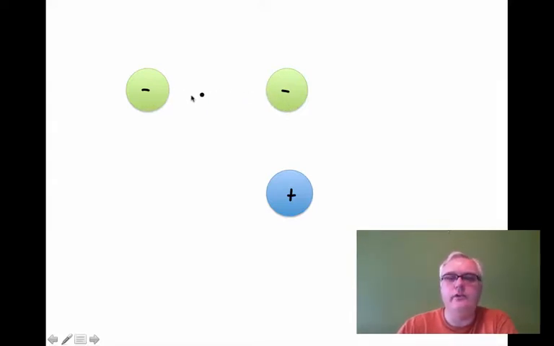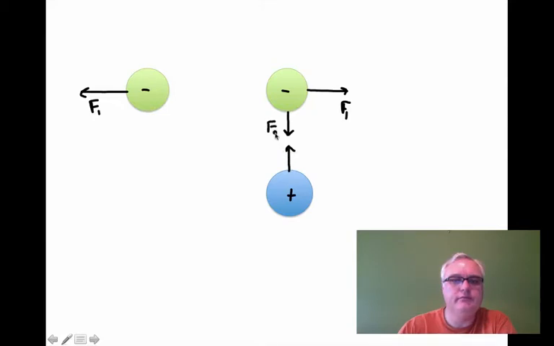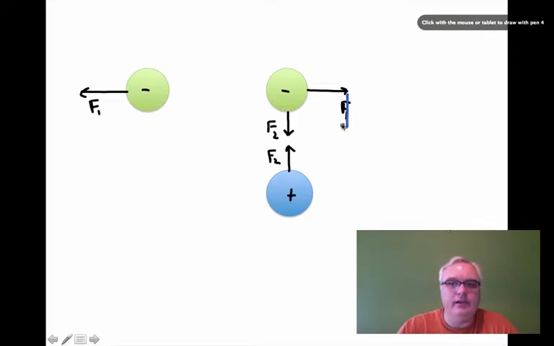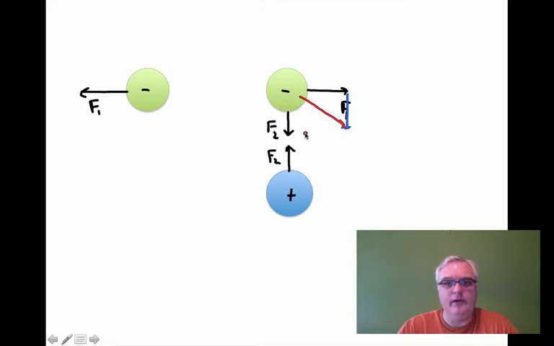These two charges repel each other, so there is one force acting in this direction due to the repulsion between these two charges. But these two charges attract each other, so there is a second force in this direction. So the net force on this charge, if I add these two vectors as I normally would, would be somewhere in this direction.